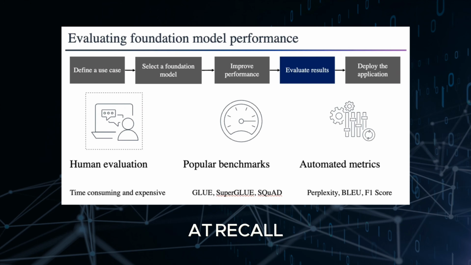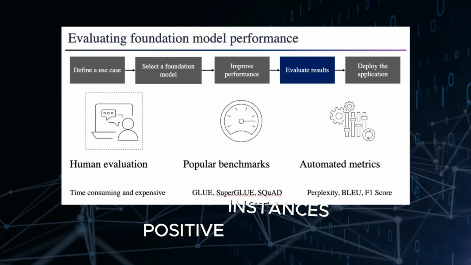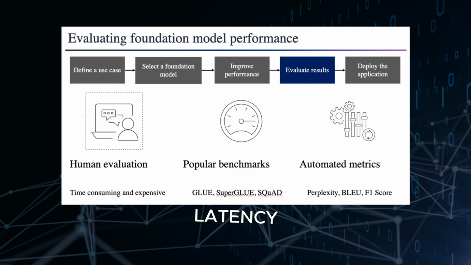We could look at recall, which is the ratio of true positive predictions to the total number of actual positive instances. Then we can also look at the F1 score, which is the harmonic mean of precision and recall, providing a balanced measure of model performance, as well as latency, the time taken by the model to make a prediction.